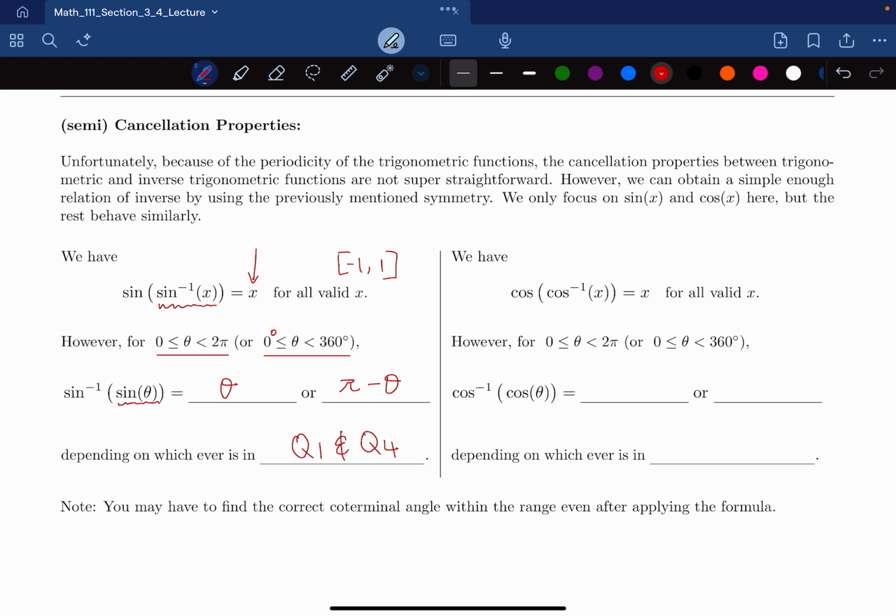So whatever its input angle, whatever the theta is, you don't automatically get to say it's equal to theta, because it could very likely be outside of the range for sine inverse. But if you do pi minus theta, then you have one of the two options, and this is going to work. One of these is going to fall into quadrant 1 or quadrant 4, as we've seen before.